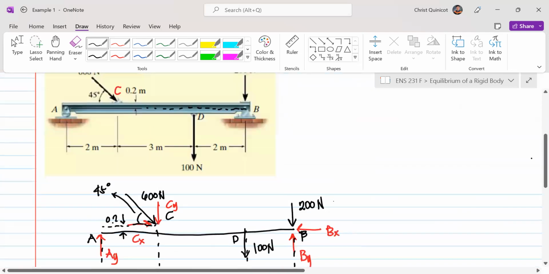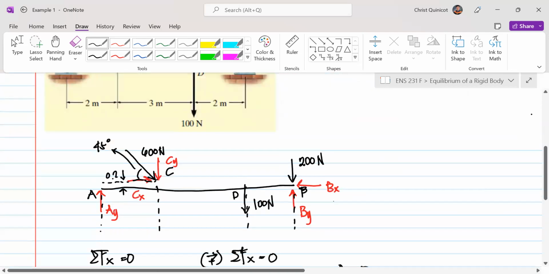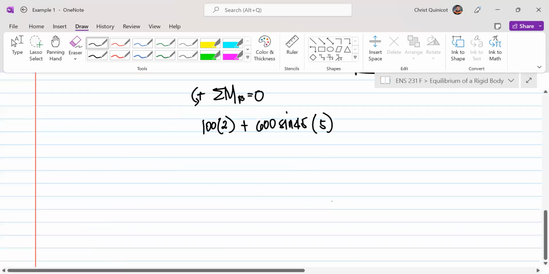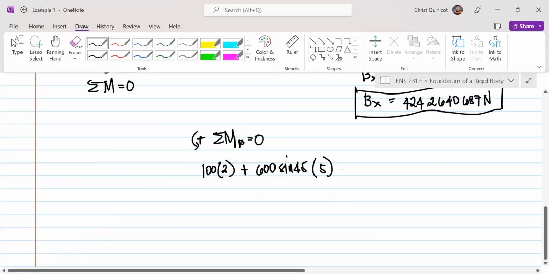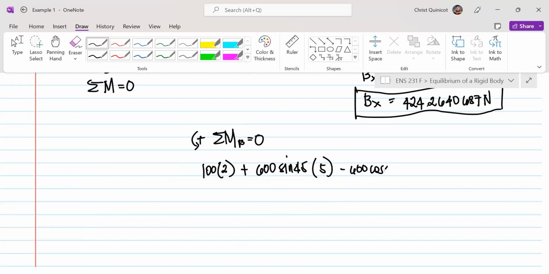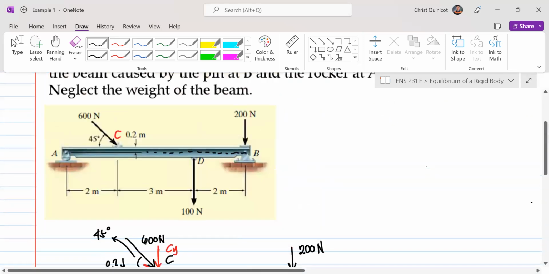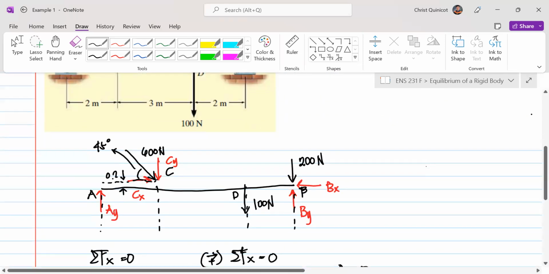Now what else? We have the X component, which has a perpendicular distance of 0.2 meters, and that is clockwise, right? Because it is going to the right. So that is minus 600 cosine 45 times 0.2, and our unknown, which is A sub Y.